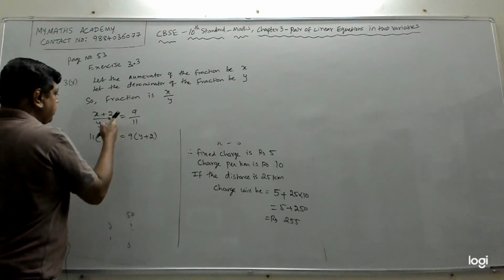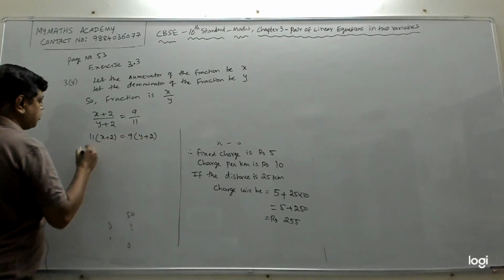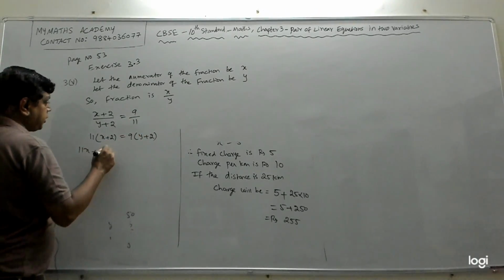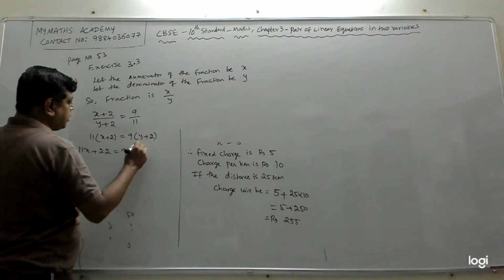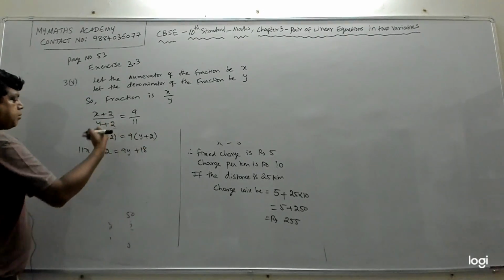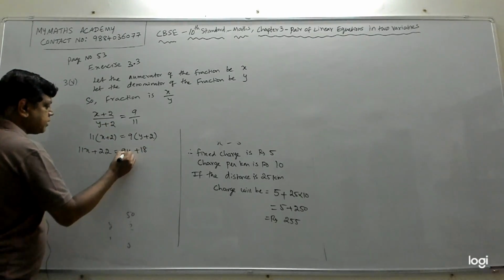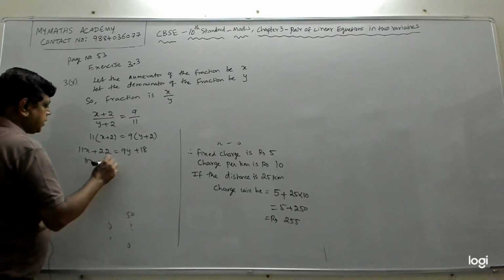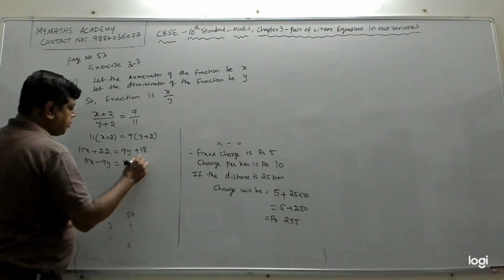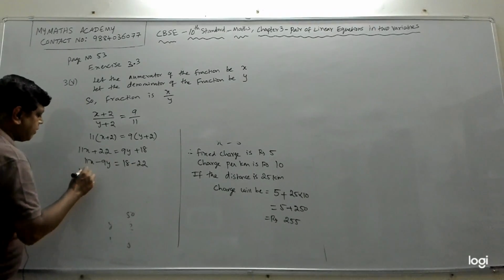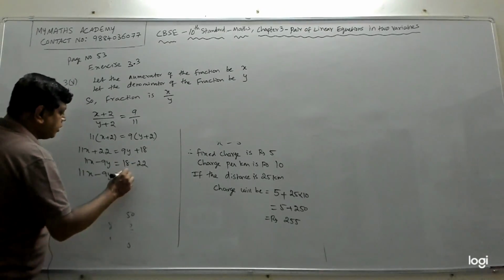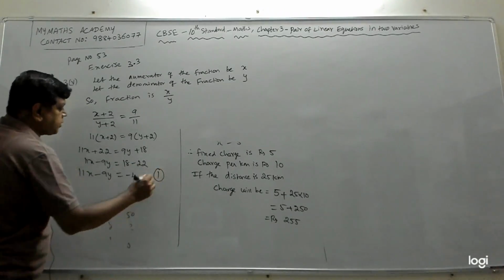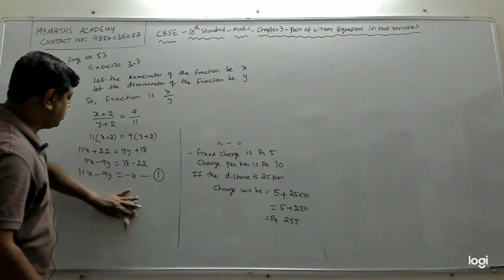Now this becomes 11x plus 22 equals 9y plus 18. Now let's bring all the variables to one side. So 11x minus 9y equals 18 minus 22, which gives 11x minus 9y equals minus 4. This is the first equation.